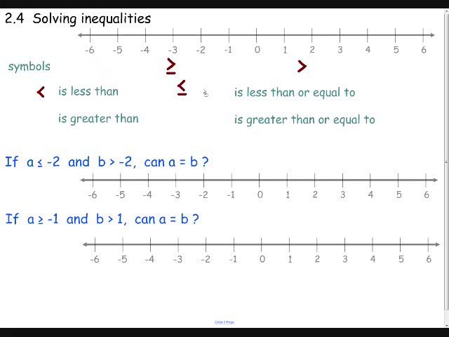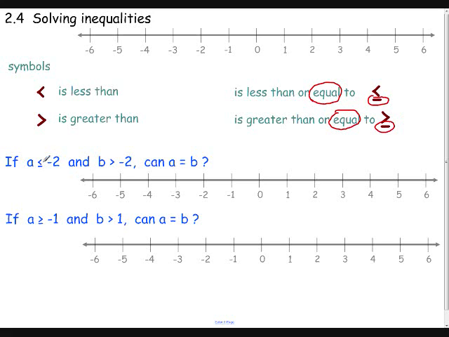And when we also have or equal to, we have an equal sign added to it. Is greater than, right here. Is greater than or equal to. So you see what the difference is there. It's the equal, it calls for at least part of an equals symbol, right?